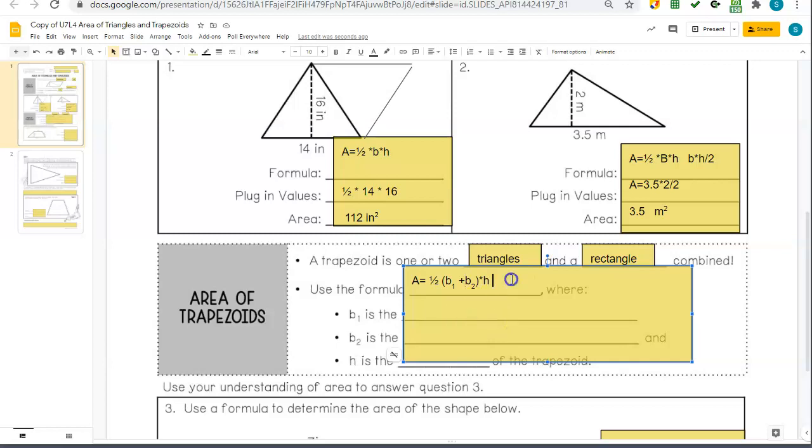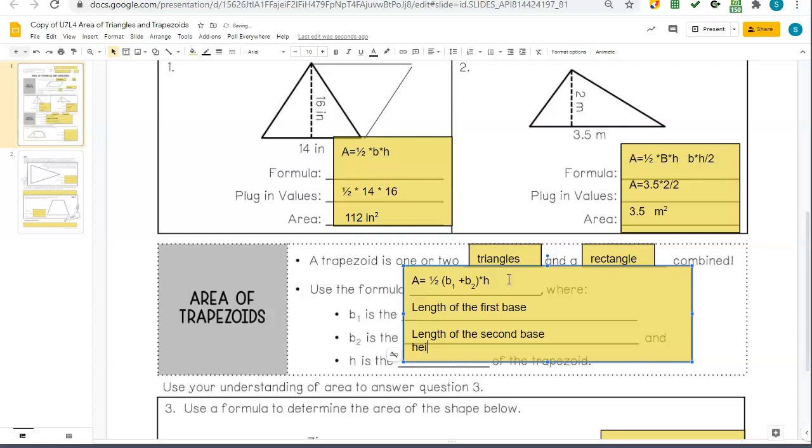B1 is the base at the bottom, so the length of the first base. B2 is the length of the second base. And h is the height of the trapezoid.